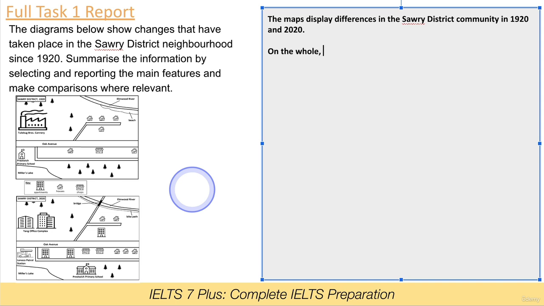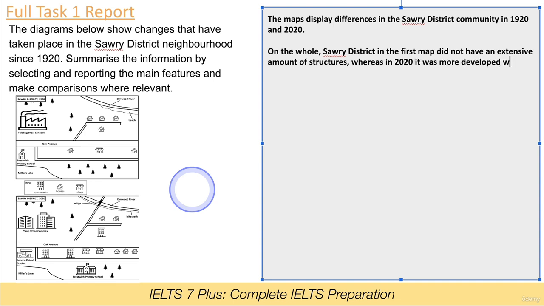On the whole, this area has gone from, maybe we could say, Sowry district in the first map did not have an extensive amount of structures, whereas in 2020 it was more developed, or more built up with various developments, maybe.